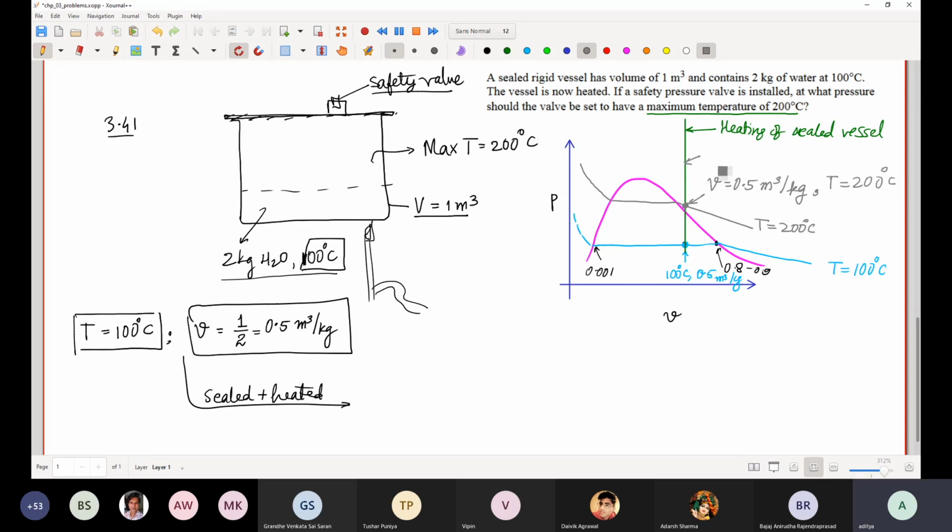The pressure corresponding to this state will be the pressure to which the valve must be set in order to have a maximum temperature of 200 degrees Celsius. Is this logic clear so far?